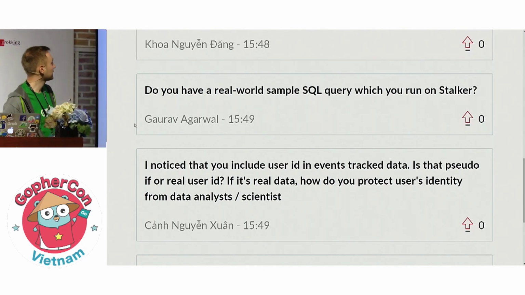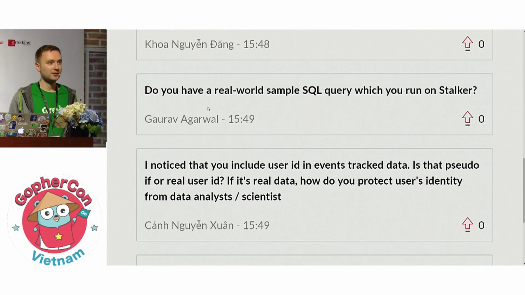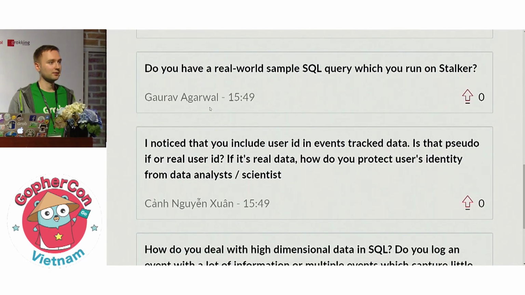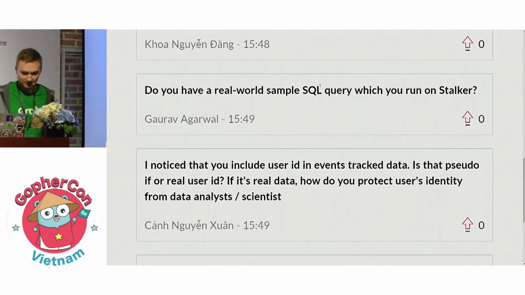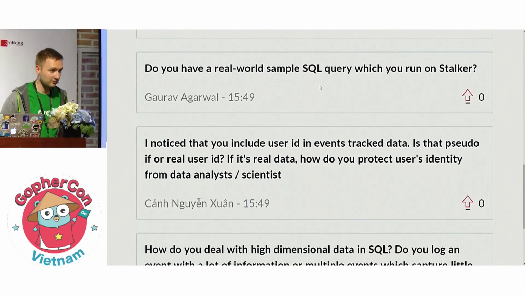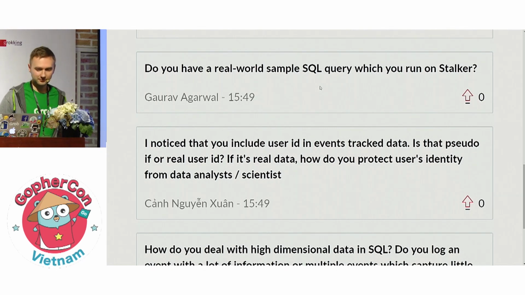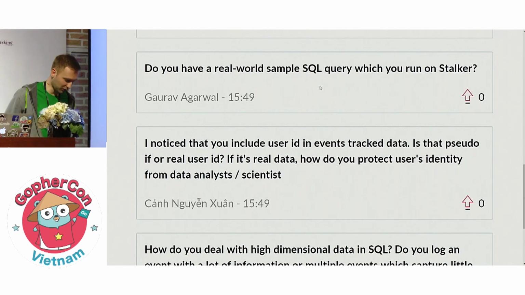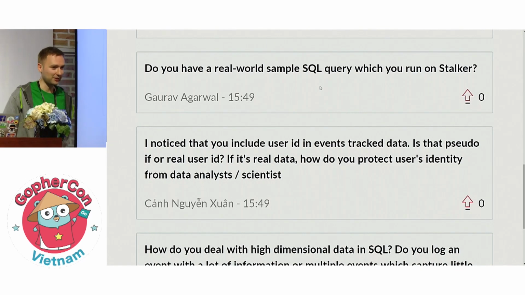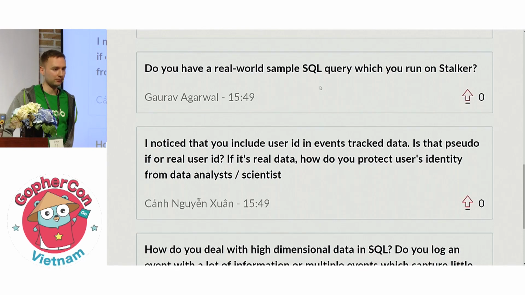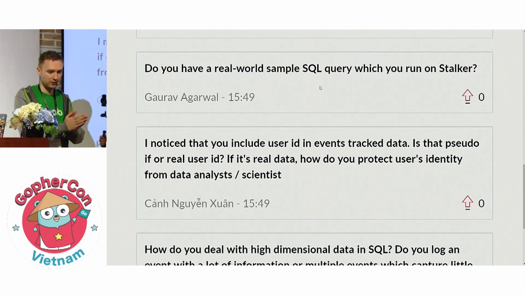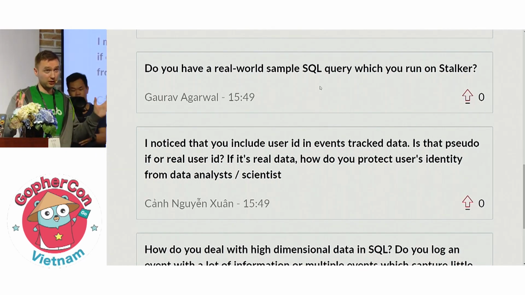Can I get more details on what type of SQL? The SQL query which you had in your example, you were only having one where clause, and it was a pretty basic count query. Right. I cannot show a real SQL query because the data is private, but it can be anything. Essentially, you have a lot of columns.